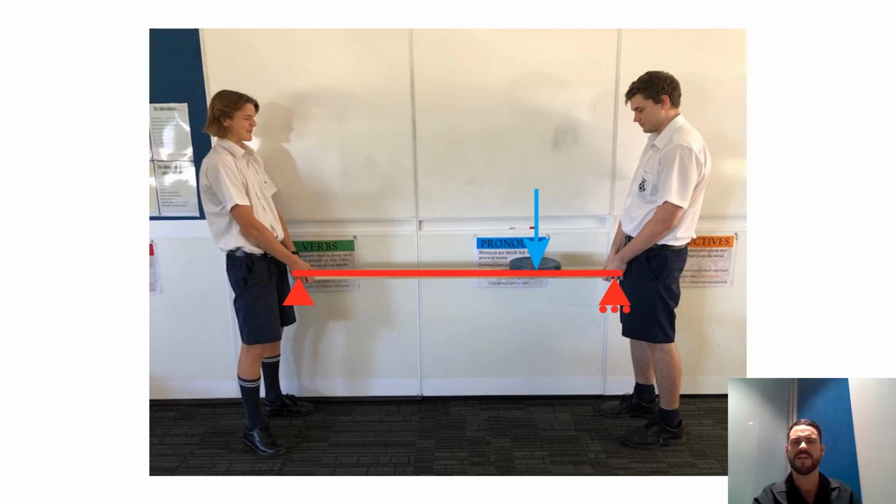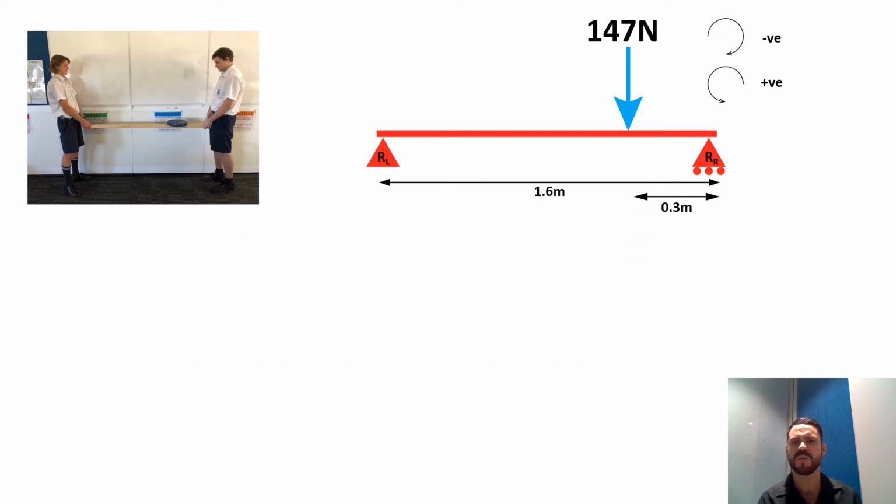You can see that the mass changed its position. Those same rules apply. We've got a clockwise direction for a negative value and a positive value for an anti-clockwise direction. This time we've said that it's 0.3 of a meter away from the right-hand side of the system.